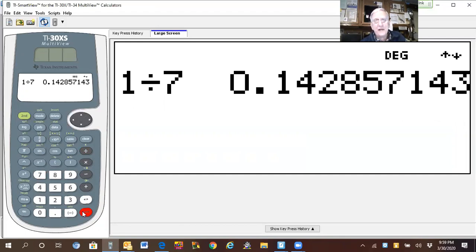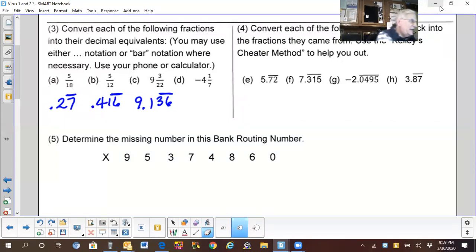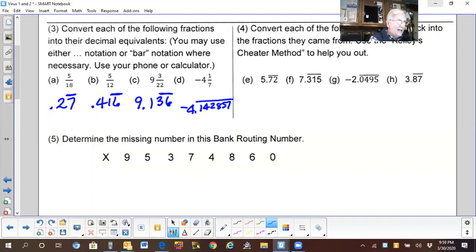The 3 is actually a 2 on the calculator, but this repeats in a group of 6. So it is 142857, with a bar over the entire thing, because those 6 digits go on and repeat.